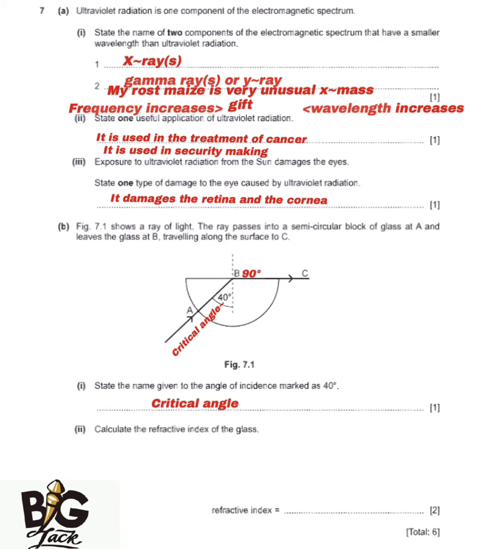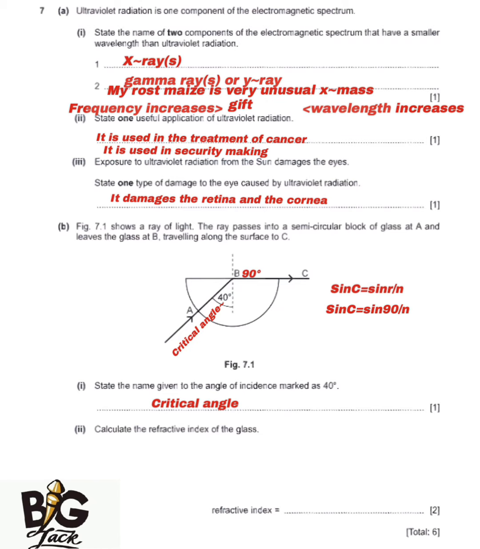Then the last one, Roman numeral number 2, is saying, calculate the refractive index of the glass. Since you know that sine critical is equal to the sine of the angle of refraction over the refractive index, and the angle of refraction is 90 degrees at B, sine 90 is 1.